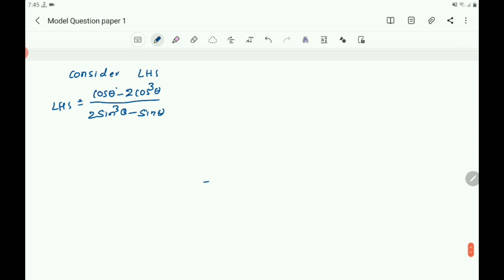Then in the numerator you can remove cos theta as a common factor, and take that outside. That becomes cos theta into, what is remaining in the bracket, 1 minus 2 cos square theta. And in the numerator, what is common?